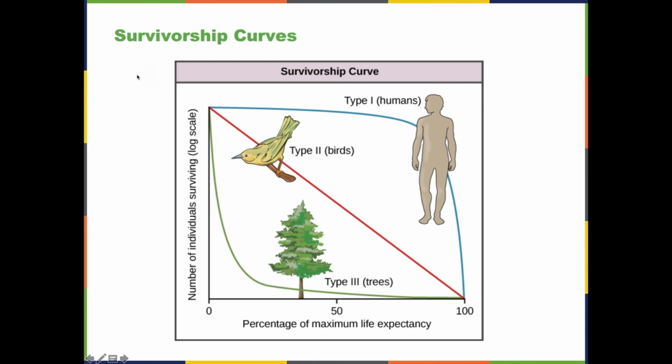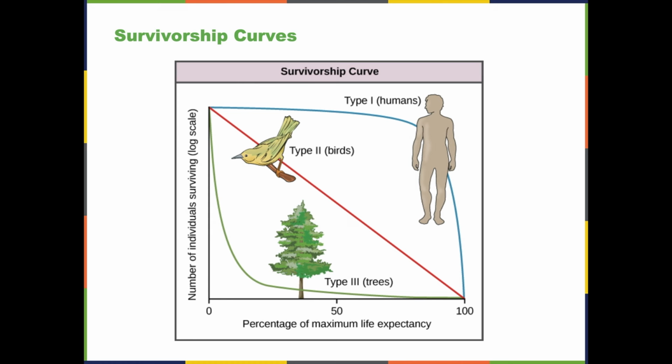Now, there are situations where a scientist would want to compare the survivorship or life expectancy of different organisms with each other. And since each different organism has a different lifespan in terms of years, it's difficult to compare them side by side.